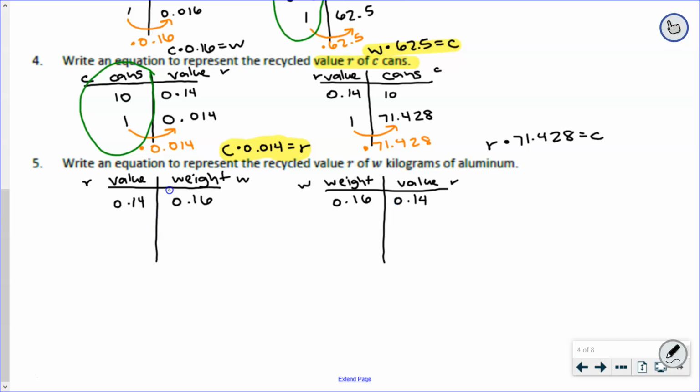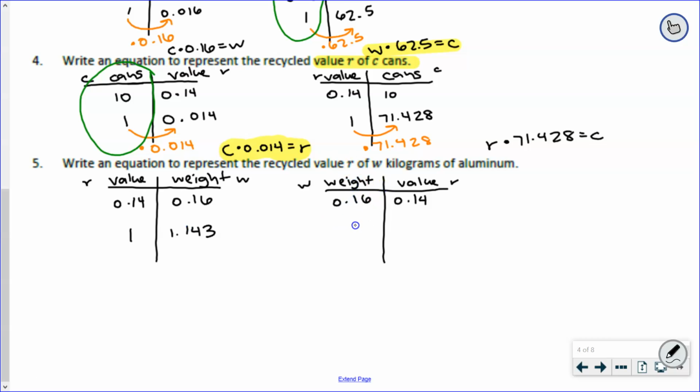How does the 0.14 turn into a 1? By dividing by itself. So 0.16 divided by 0.14 is equal to, help me find the unit rate on that one if you haven't already. Thank you, Gabe. Quick hand. 1.143. And let's figure out the unit rate here.